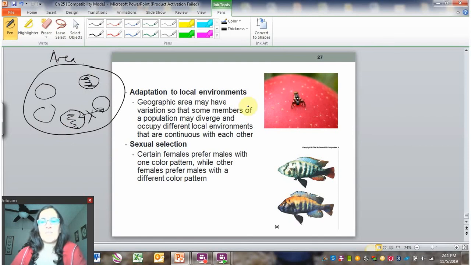Another example of this, and that's what this picture is of, is a bug that lives in the United States. And so in places like Ohio in the Midwest, you have areas where you have the native tree that the bug eats, and then you have areas that have the non-native tree, the apple. Okay, and so it's all in the same area, but there's patches where it's the native tree and patches where it's apple.